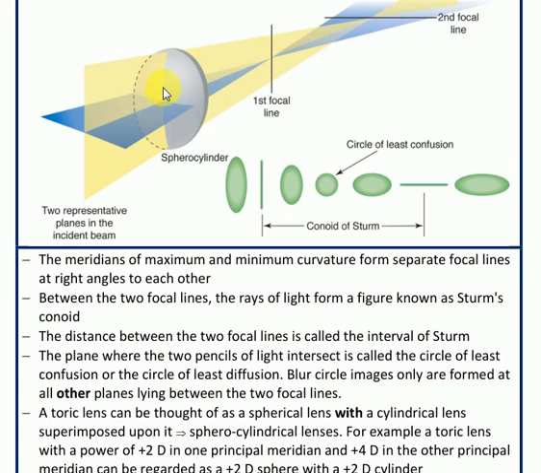This is +4 and this is +2. So this can be regarded as a +2 diopter sphere, and in this meridian there is a +2 cylinder superimposed on the spherical lens.